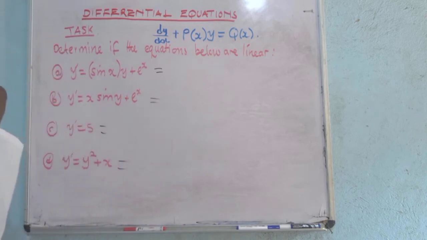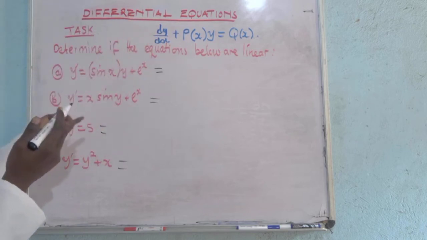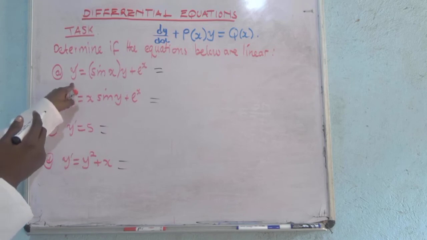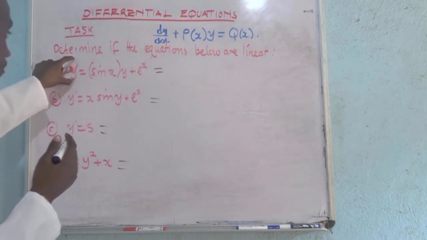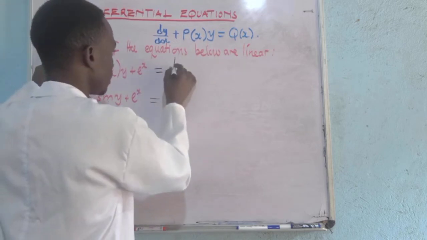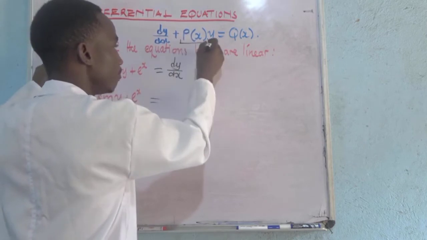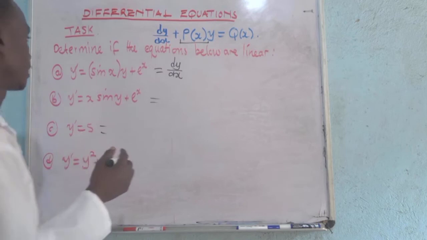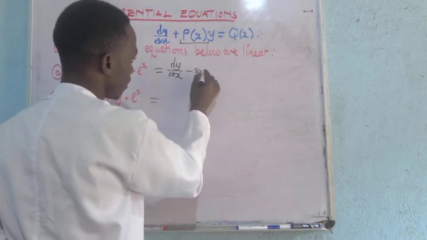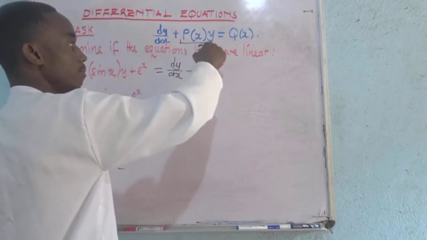So we'll start with the first one. What you have here is y prime, which is another notation for dy/dx, or the first derivative. So you already have dy/dx here, and we can just write this as dy/dx. Then we need some function p of x, which here is sine of x, multiplied by y.